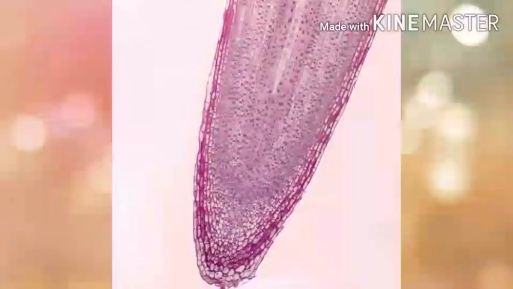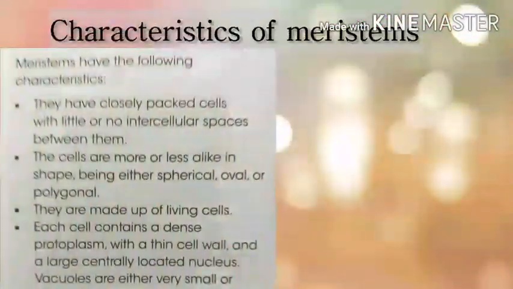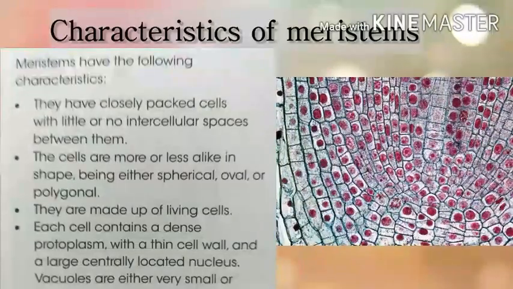There are different types of meristematic tissues found in plants. Before going to them, we'll see what are the characteristics of meristem. Meristematic tissues consist of closely arranged cells with little or no intercellular spaces between them. All the cells in meristematic tissues are more or less similar in shape.